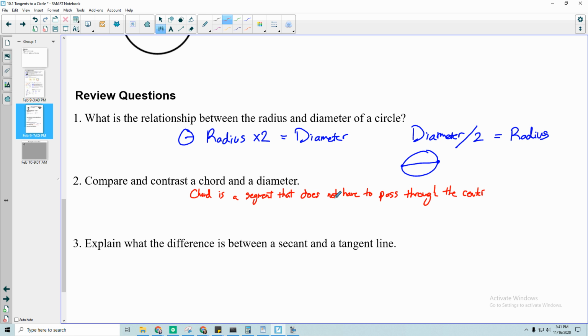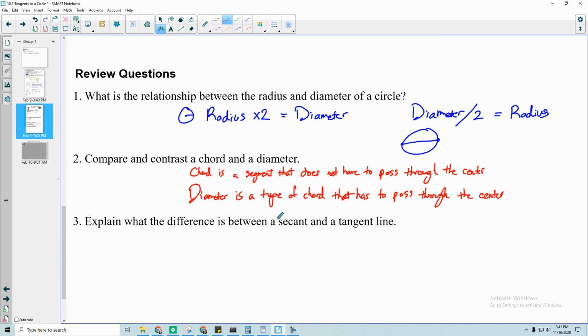So it's a segment and it does not have to pass through the center, where a diameter is a type of chord. So that means it's a segment. A diameter is a type of chord that has to pass through the center. Okay, so that's the difference between the two.